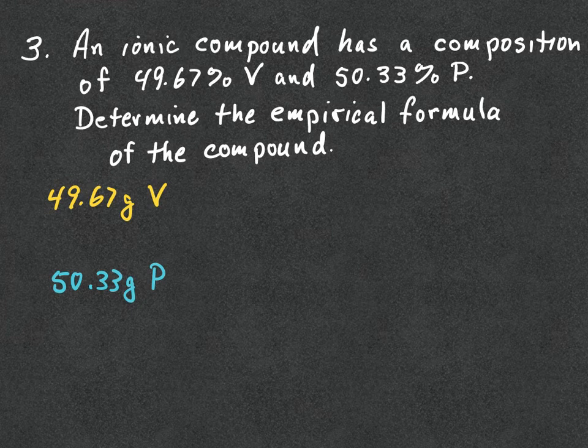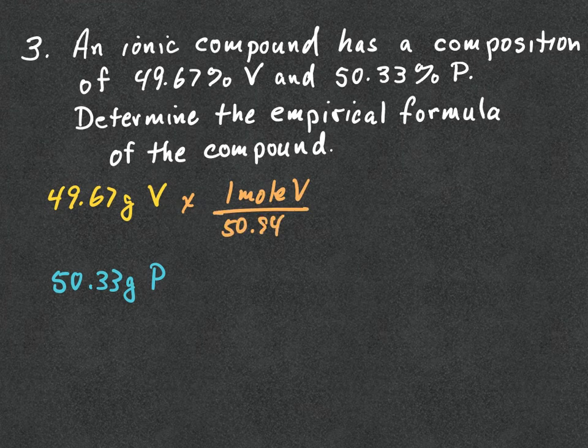And so we look on the periodic chart and find that vanadium has an atomic mass of 50.94 atomic mass units. Therefore, 1 mole of vanadium is 50.94 grams. If we multiply that out, you get 0.9751 moles of vanadium.